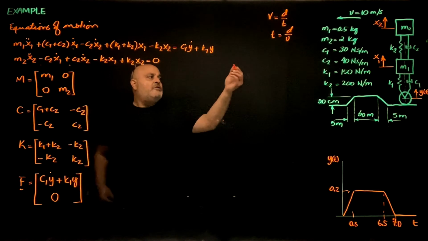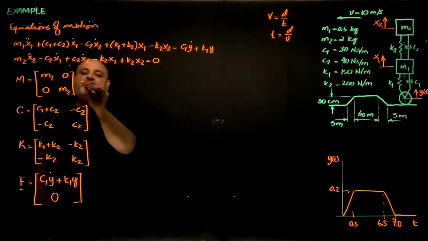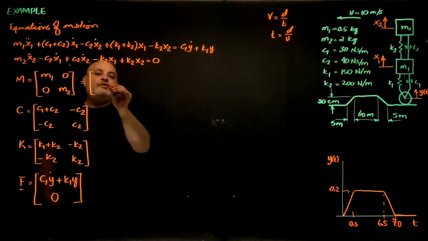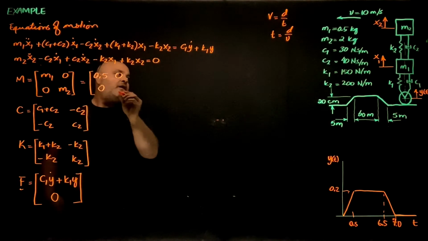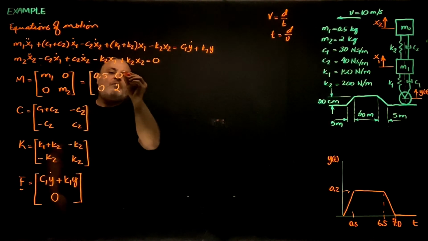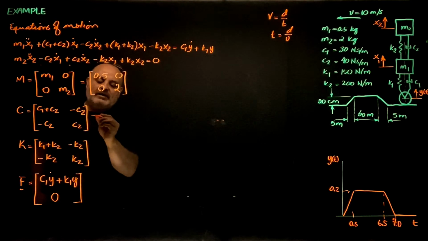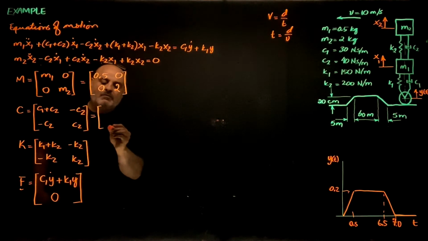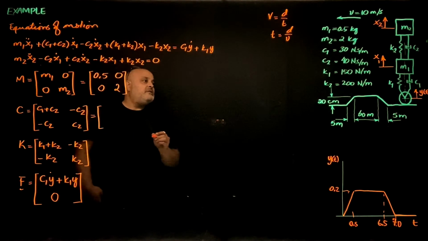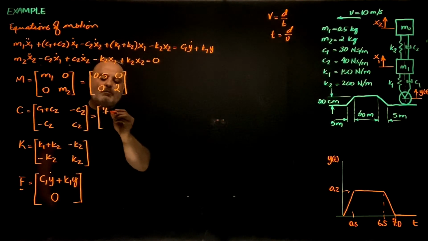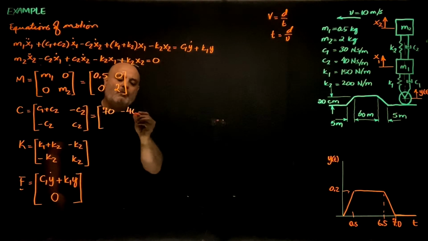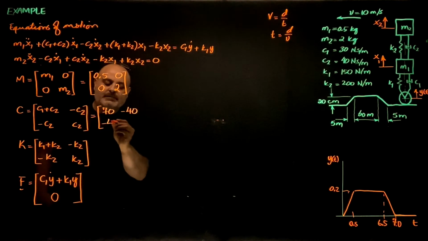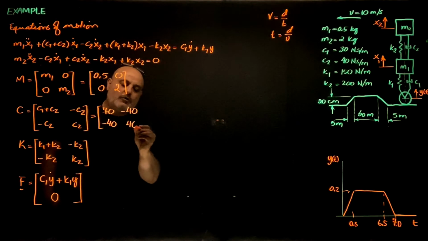Now if you plug in those numbers here, the inertia matrix will become 0.5, 0, 0, and 2. The damping matrix is going to be 70, negative 40, and negative 40, and 40.